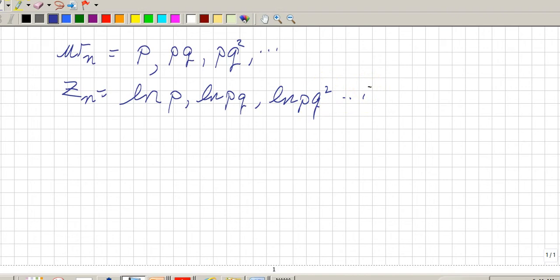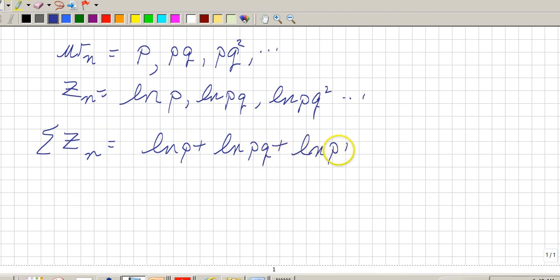Now let's look at the question: find the sum of the second sequence. Let's write this out: ln p plus ln pq plus ln pq squared plus, and let's see if we can see what the pattern is, like we did previously.